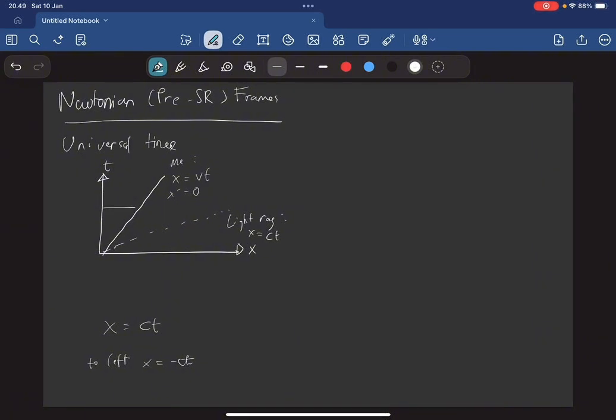So this is my trajectory, which is x equals Vt, or we can say that x minus Vt equals 0.